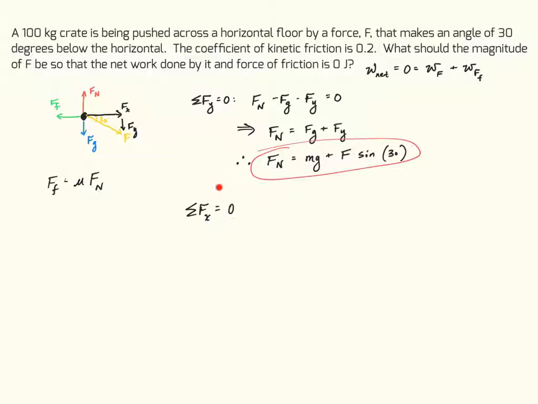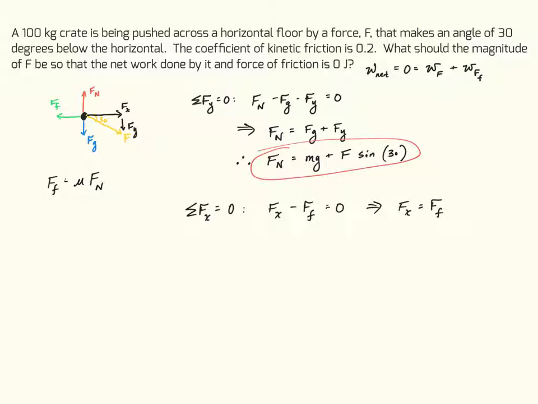That means our sum of forces in the x direction has to equal 0. So in our x direction, all we have is Fx minus Ff. Therefore, Fx is going to equal Ff.